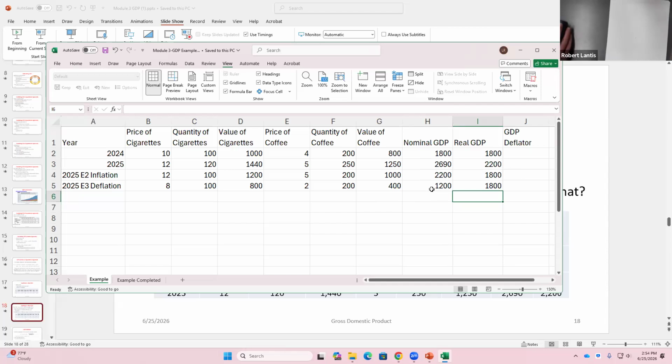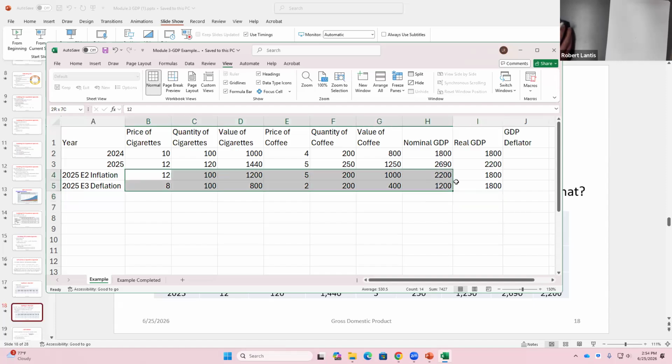All right, so let me think what we're going to do here. One thing this highlights is that anytime I have price increases, my nominal GDP will be greater than my real GDP.